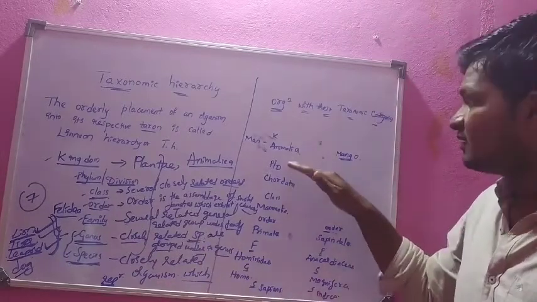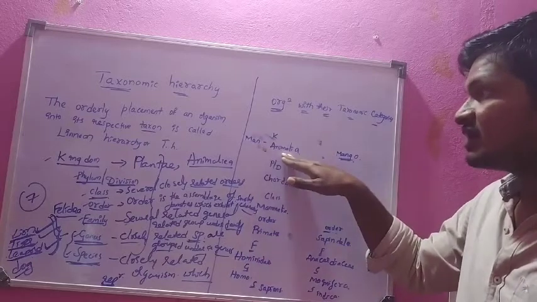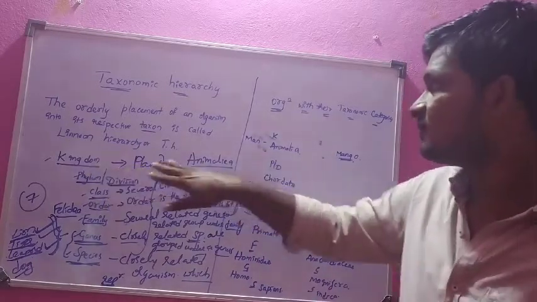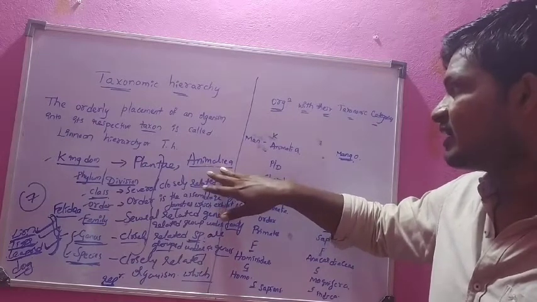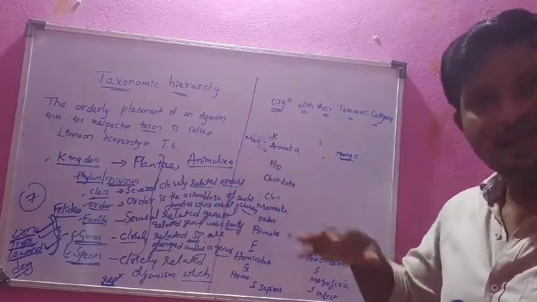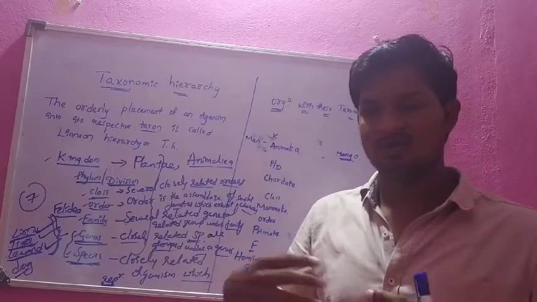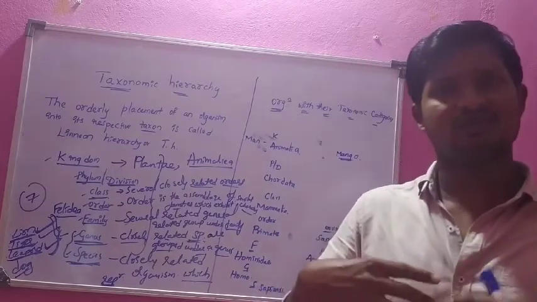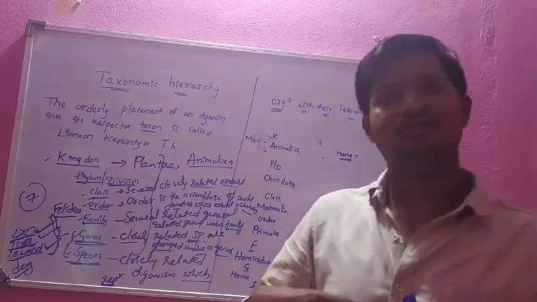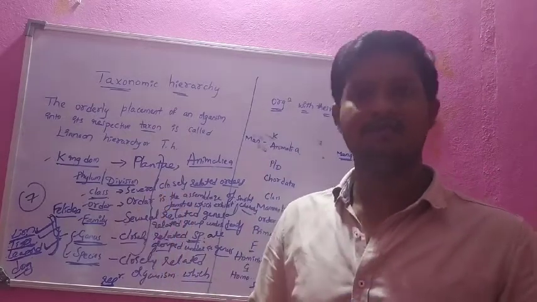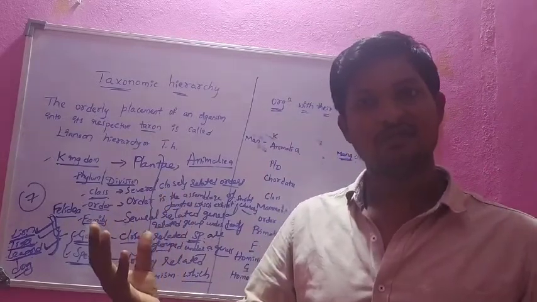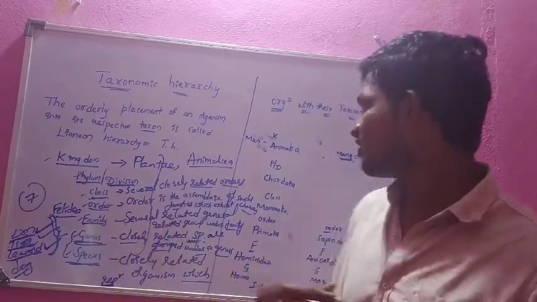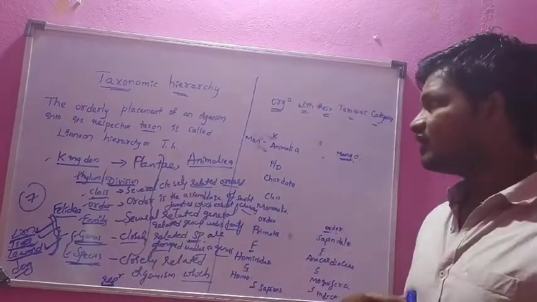For example, man will come under the kingdom Animalia because of characters similar to animals. Human beings are somewhat similar to animals. Why? Because those are also eukaryotic organisms, and we are also eukaryotic organisms.